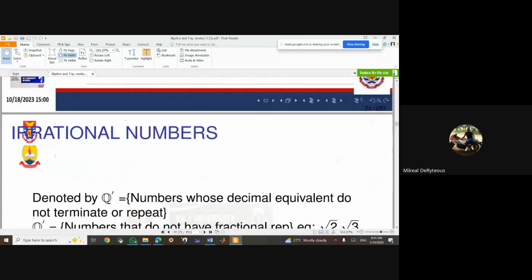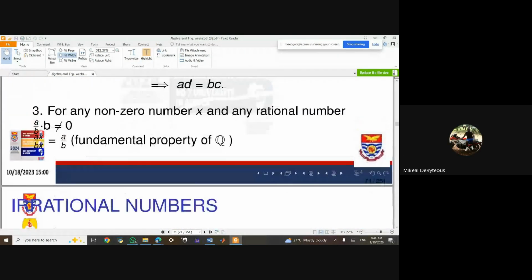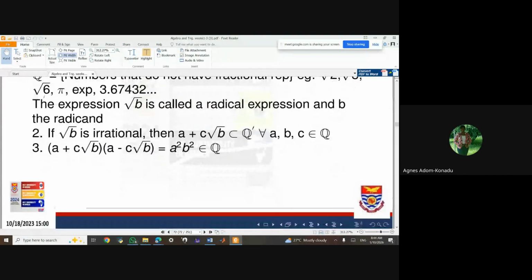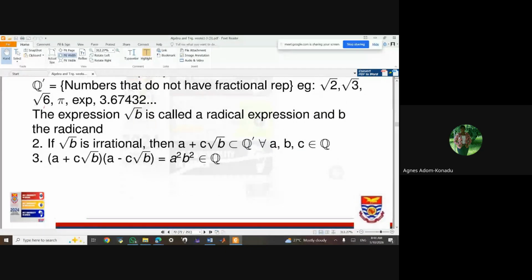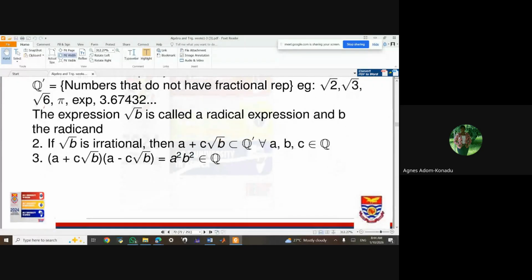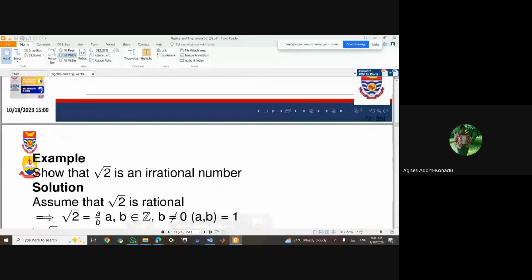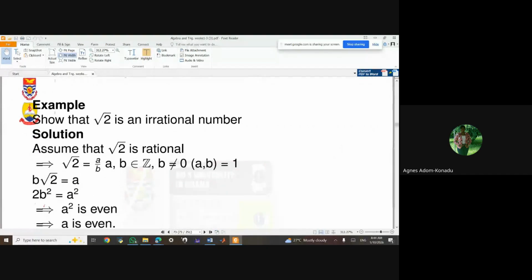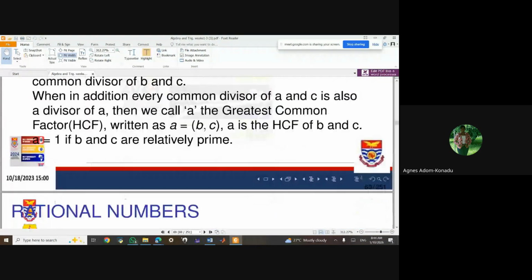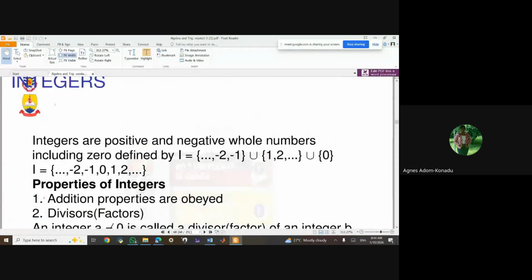Please, would there be a case that we are going to prove the theorem in the examination? I've not thought about that, but you can read it to understand, please. Okay, thank you. So here I use that A comma B is equal to 1, and I explained it even in the notes, in the greatest common divisor.